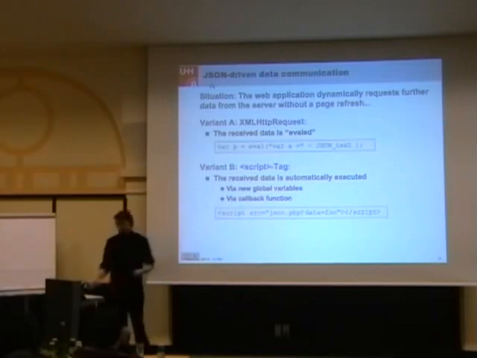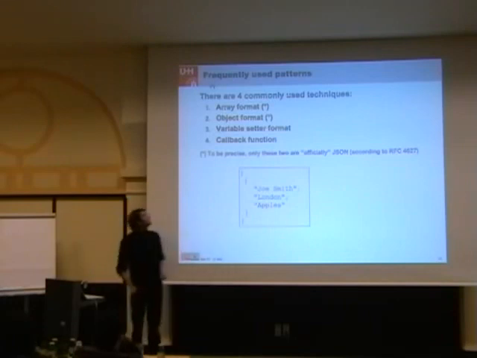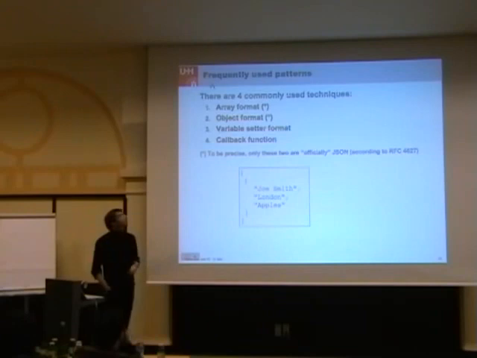You could also do it with script tags. This is the variant you see sometimes. There are a couple of different formats. The easiest one, and the first that was there, was an array format. It's displayed here. But you can also have the JSON object format, and there are 2 variants that support browsers that don't have XML HTTP request: variable setter and callback function.